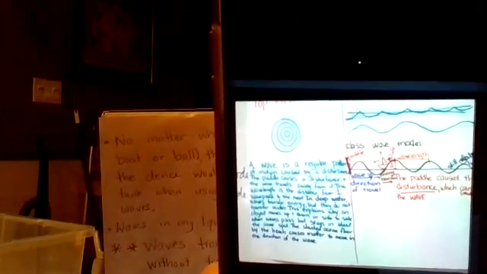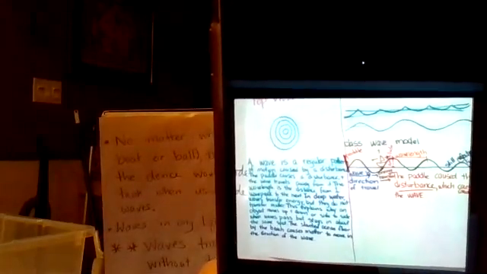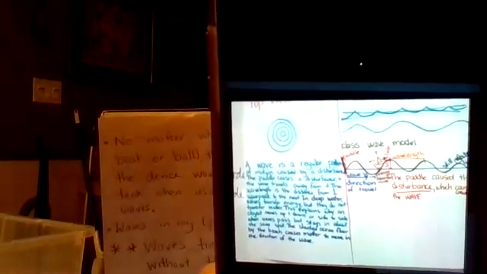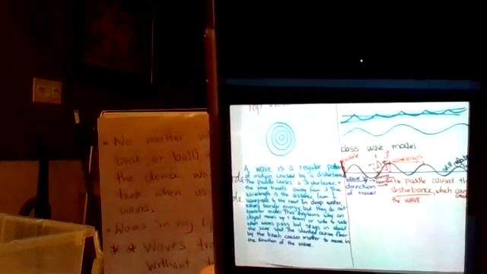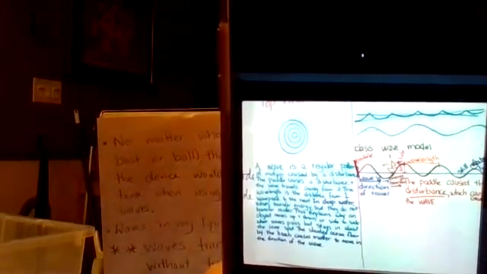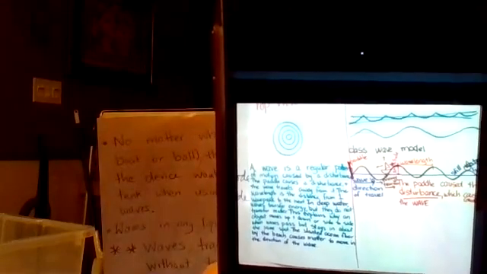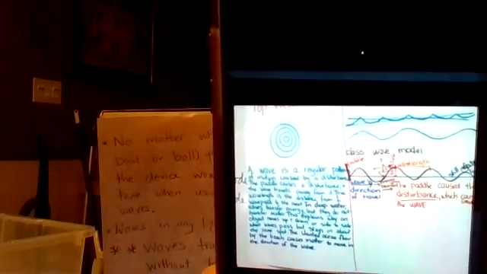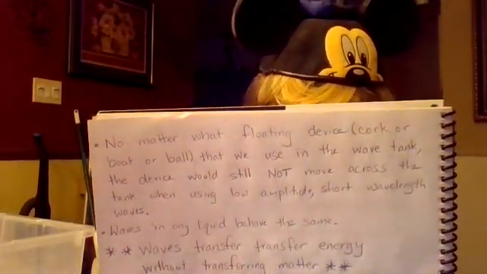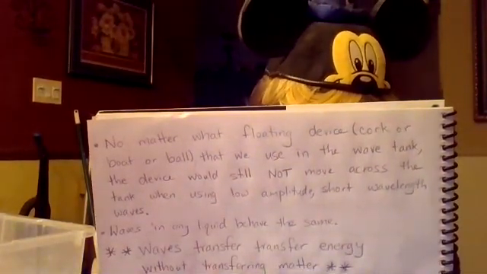I didn't have a chance to update all the words for lesson 10, but the drawing for this model is already updated for you. See the boat? See how I have the arrows that show how the boat is just kind of bouncing along in place. It's not going anywhere. The words got updated. It shows energy transfer is going in the direction that the wave is moving.